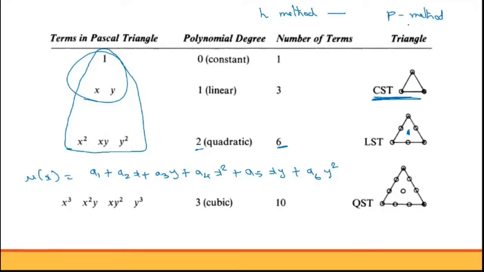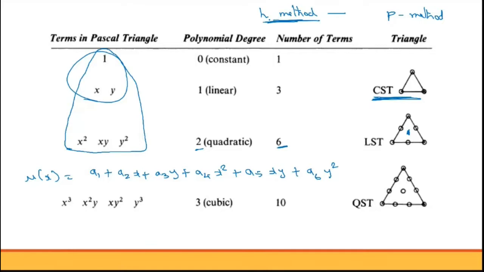The P method increases the polynomial, and the H method increases the number of elements. The best option is increasing the number of elements. So we prefer the CST element instead of LST or QST elements to solve any problem, instead of going for midpoint nodes.